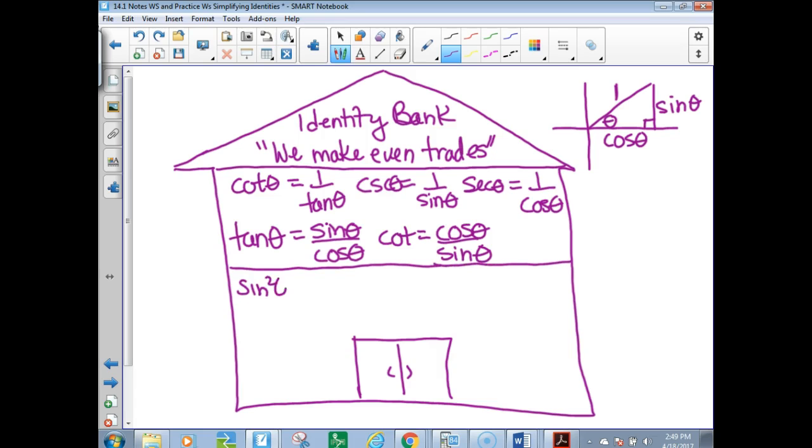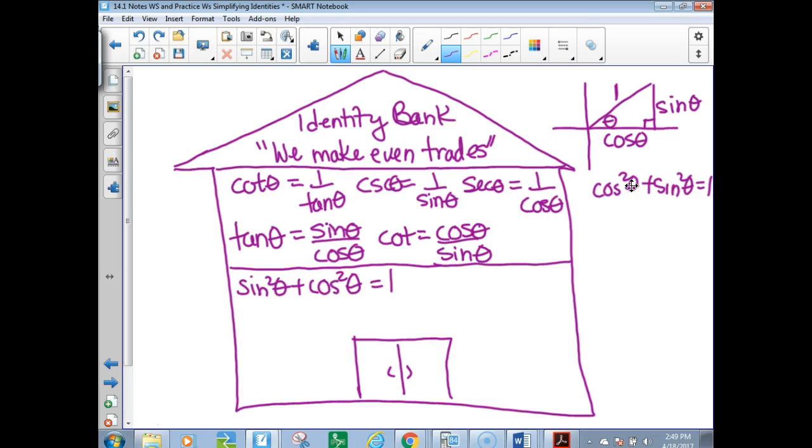Sine squared theta plus cosine squared theta equals the hypotenuse squared, 1. You could have these backwards. So cosine squared theta plus sine squared theta is 1, and it didn't matter which one I start with. Most often you'll see it like this in books.